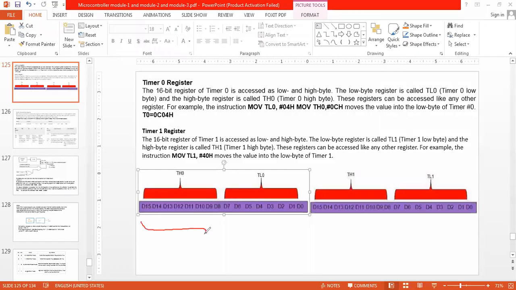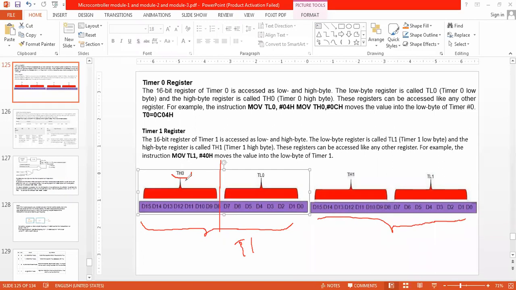So Timer 0 and Timer 1 are 16-bit registers, but we cannot access the whole 16-bit data at the same time. So that is going to be divided into 8-bit data.